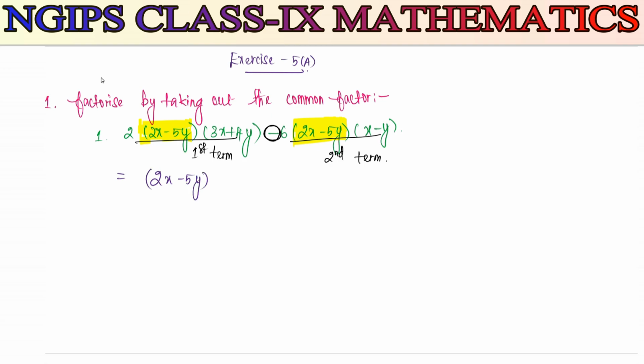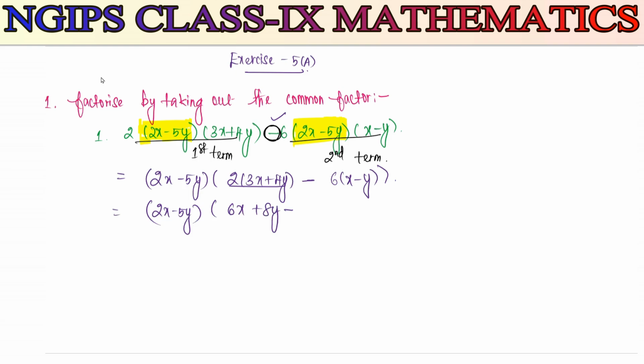You have to keep it in the bracket. The leftover quotient term is 2 into (3x plus 4y), with the sign minus, the leftover 6 into (x minus y). Further we can simplify this: 2x minus 5y into, when you multiply 2 inside we are going to get 6x plus 8y.